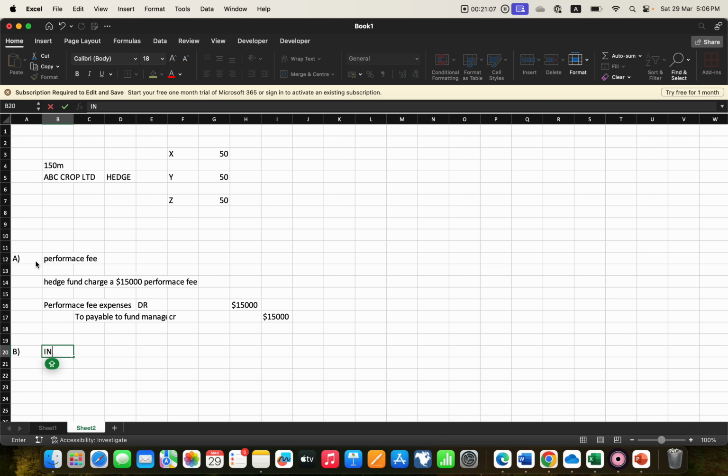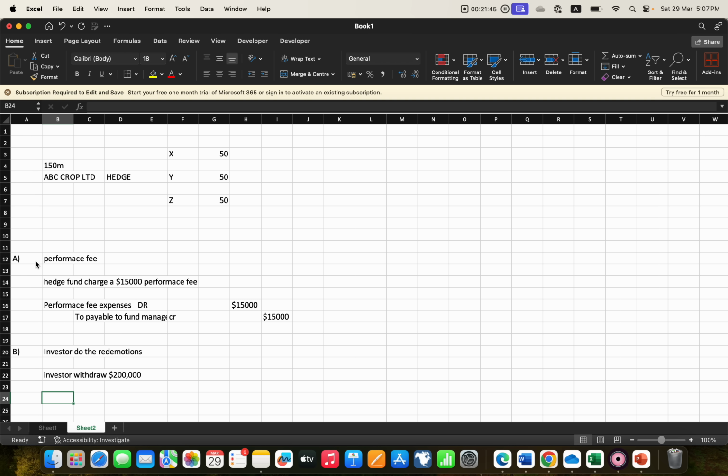So when the investor does the redemption, the investor withdraws from his hedge fund, withdraw $2 lakh.